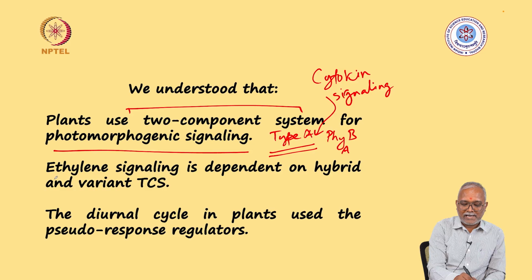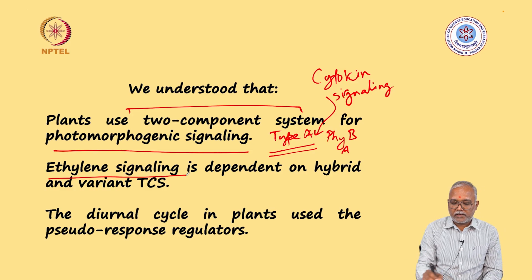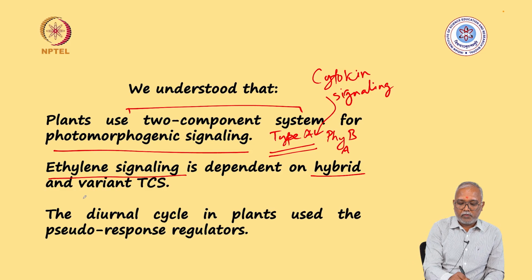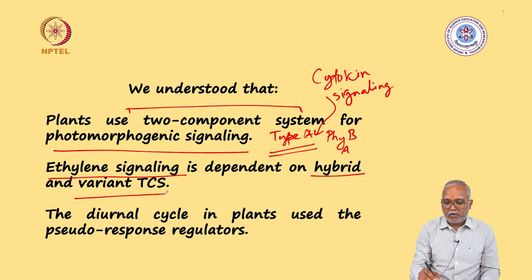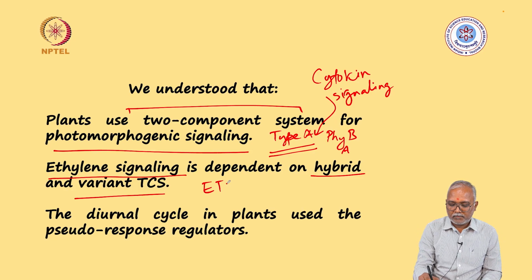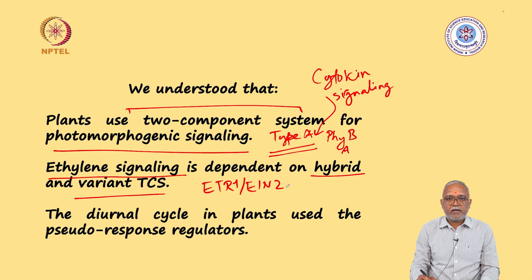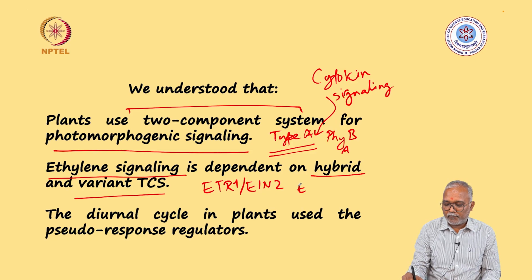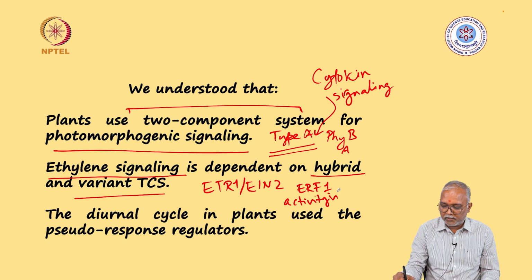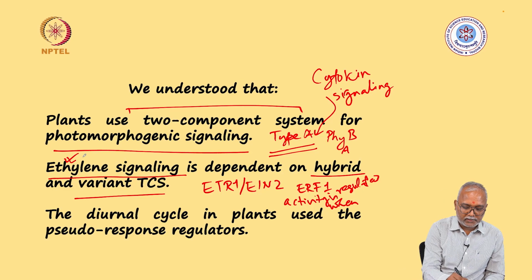Then we saw how nicely ethylene signaling is regulated by the hybrid and the variant two component system, where ETR1 and EIN2 played a great synergistic role to ensure that the ERF1 activity is regulated when ethylene is present.